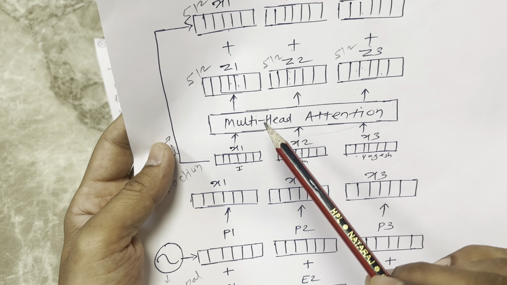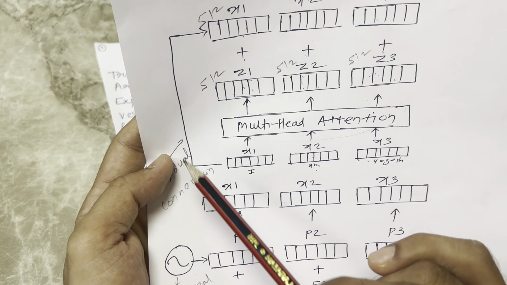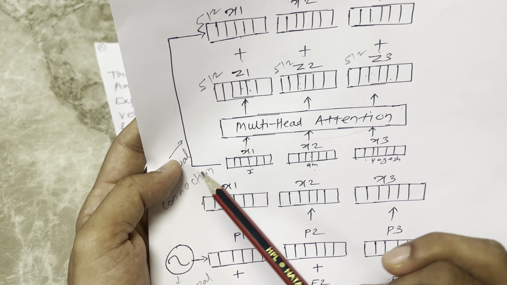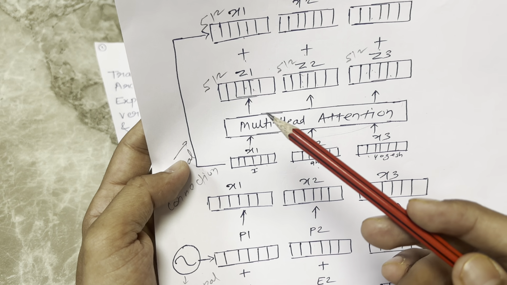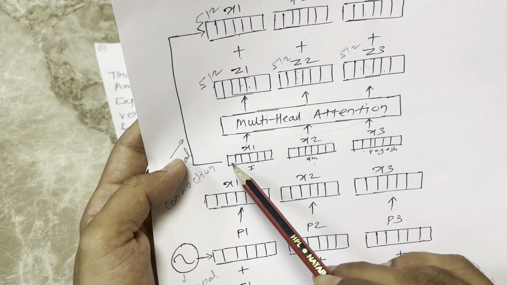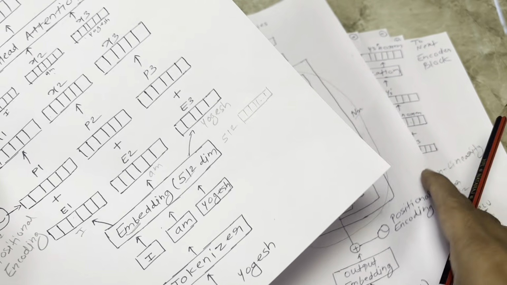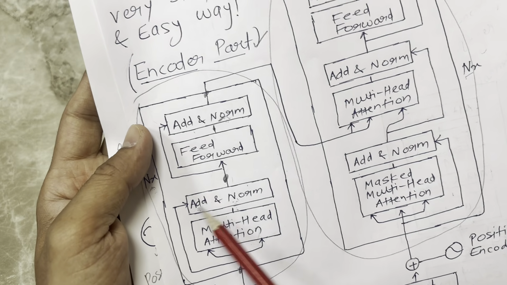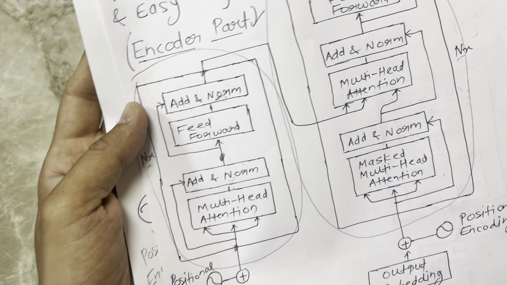Then we have done add, residual, right? Add, residual, and then layer normalization. These operations we have done, adding the residual and layer normalization. That is nothing but this one, add and norm, and you see the residual connection, skip connection. What the meaning of this is, we have also discussed.